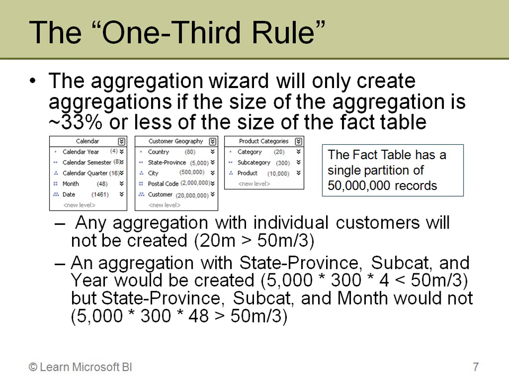That value is less than 1/3 of 50 million, 1/3 of the fact table. So it could create that particular aggregation. But it would not create state, province, subcategory, and month, because that value is greater than 50 million. It's not just greater than 1/3 of it, it's actually 72 million.